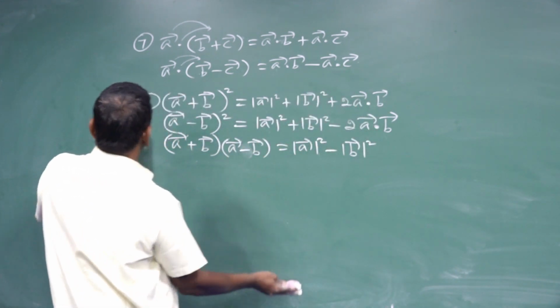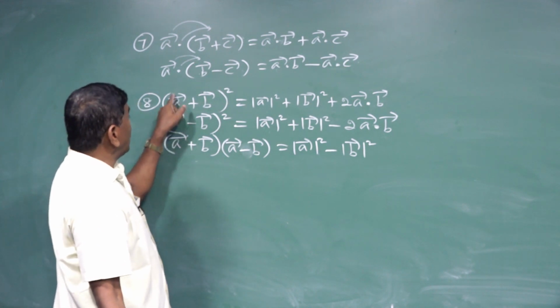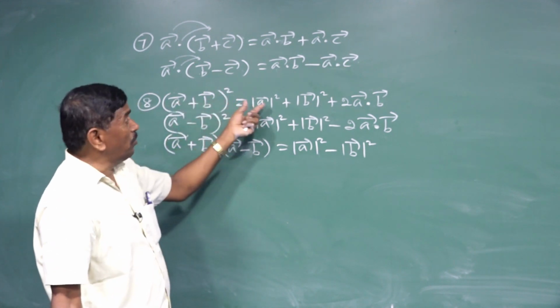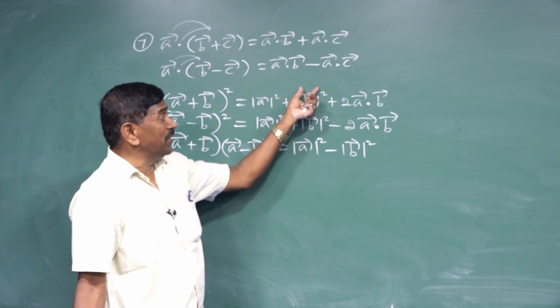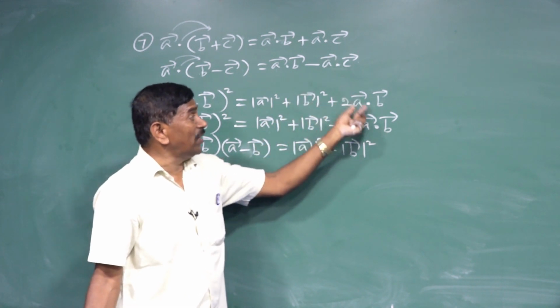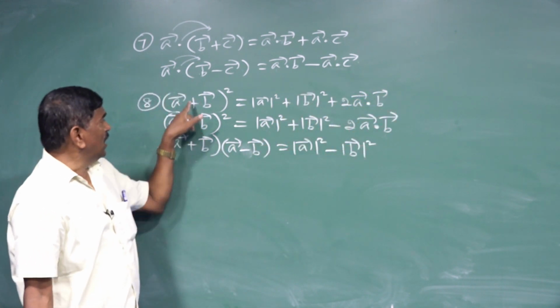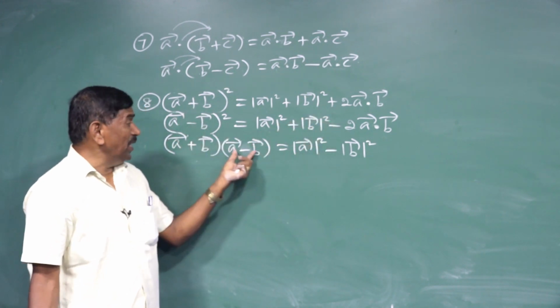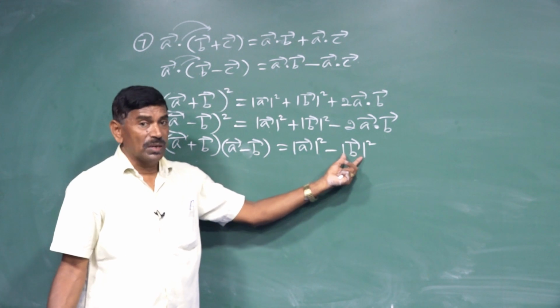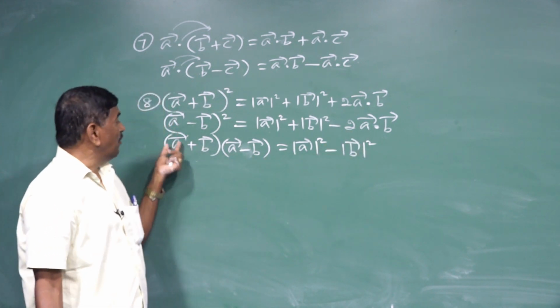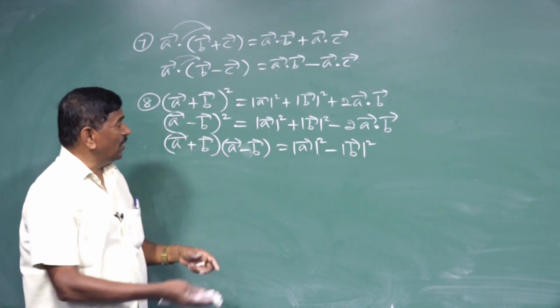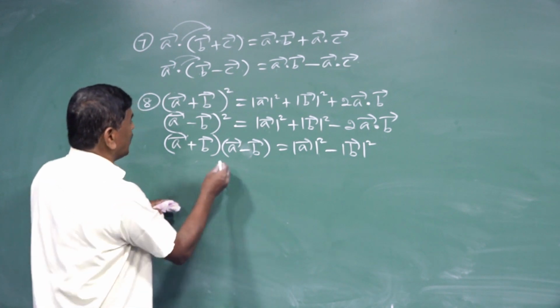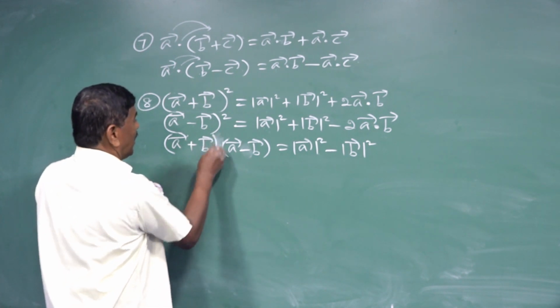This is the 8th one. A vector plus B vector the whole square equal to modulus A vector square plus modulus B vector square plus 2 A vector dot B vector. And here plus, minus. A plus b into a minus b equal to a square minus b square. But in vector algebra, A vector plus B vector dot, the middle is dot, very important. Middle dot product.